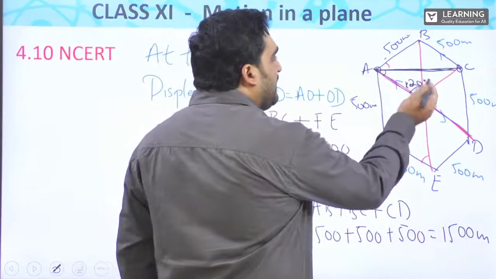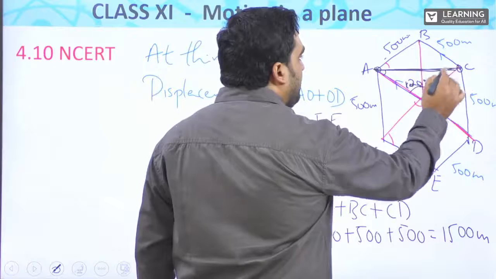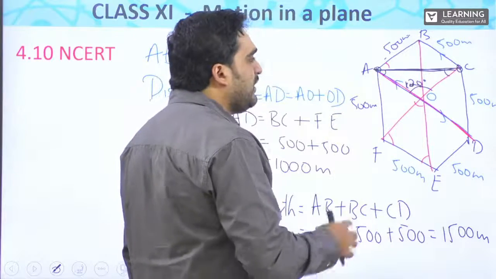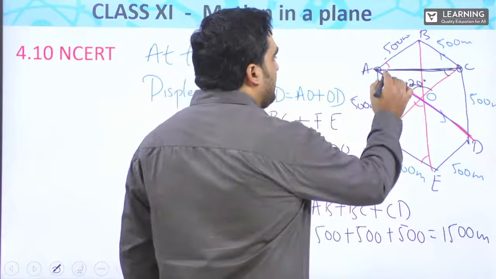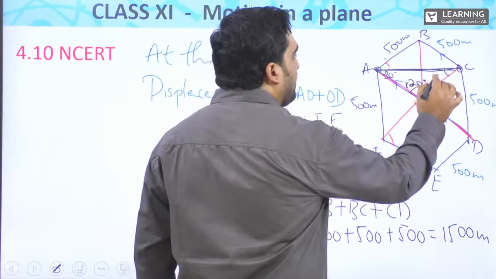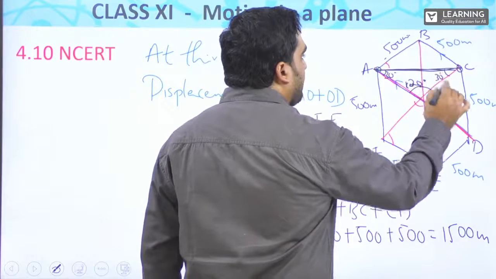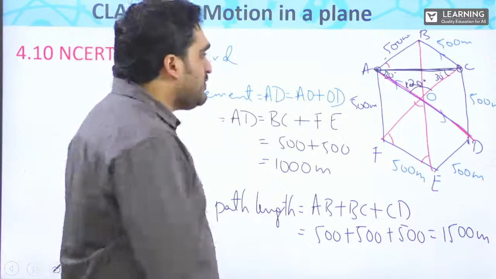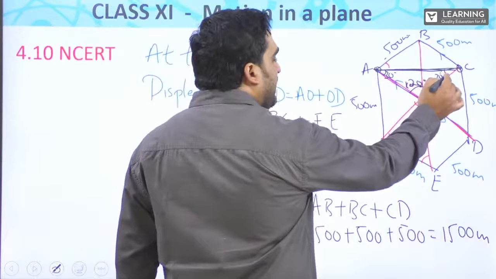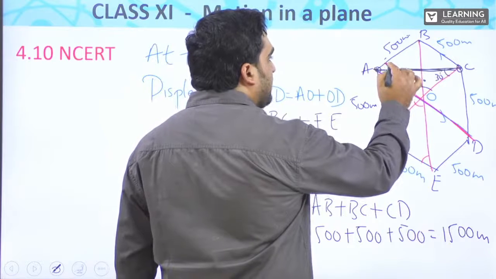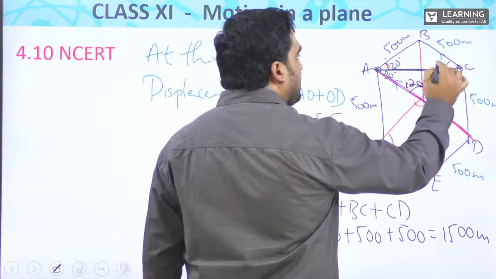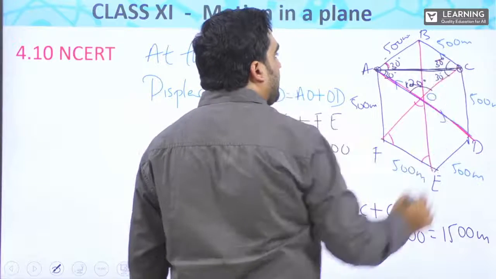So since the remaining angle is 60 degree, for a given sum of all the interior angles of a triangle is 180, remaining is 60, so each of them would be 30 degree. And by the property of alternate angles, we know that if this angle is 30, then this angle should also be 30 degree. If this angle is 30, this angle should also be 30 degree.